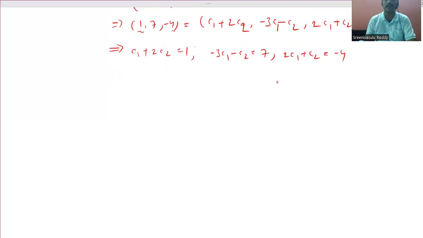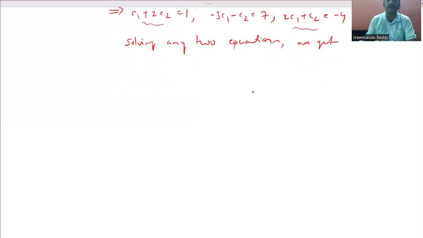Taking any two equations, either first and third or first and second, as you wish, and solving them. For example, I am solving the first one and the third one. I want to eliminate C1 first.